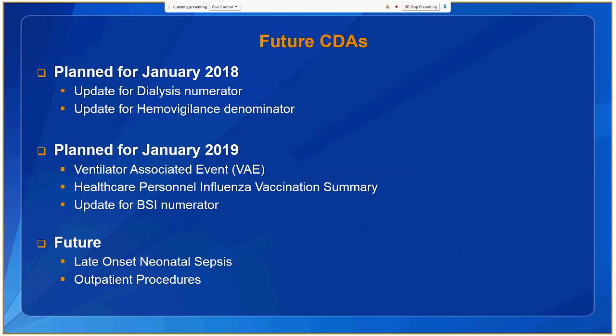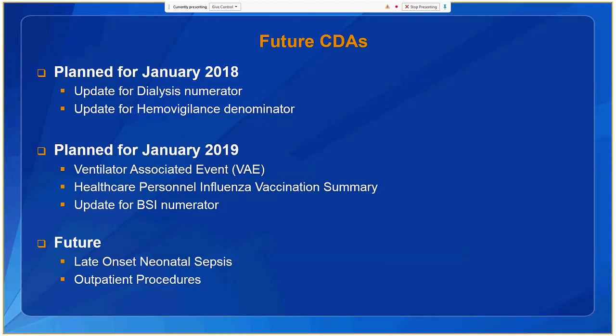And then also, we're working on ventilator-associated vent to become a CDA, and we're scheduled to deploy that in January 2019. We're also going to have the healthcare personnel influenza vaccination summary, which, as you know, they call the flu summary. That will become a CDA.